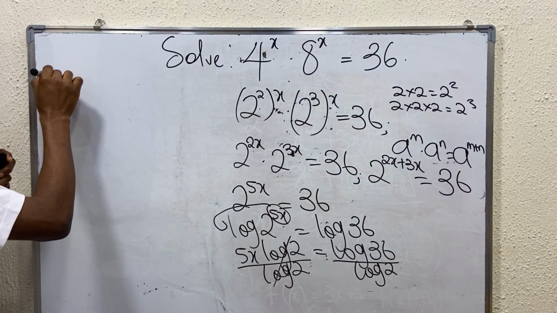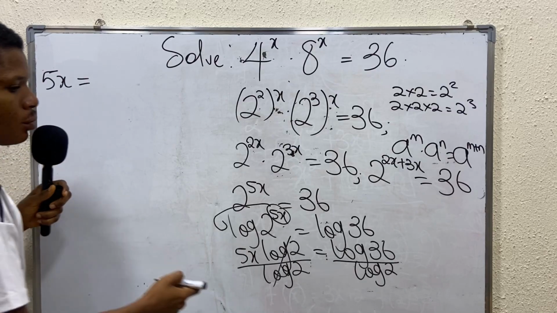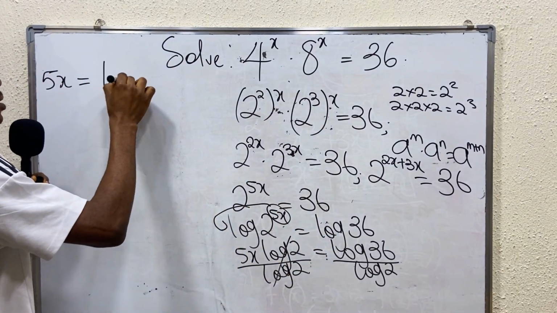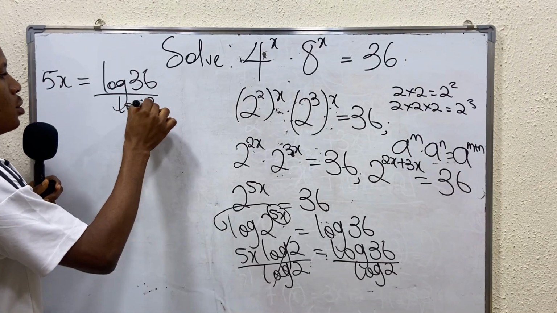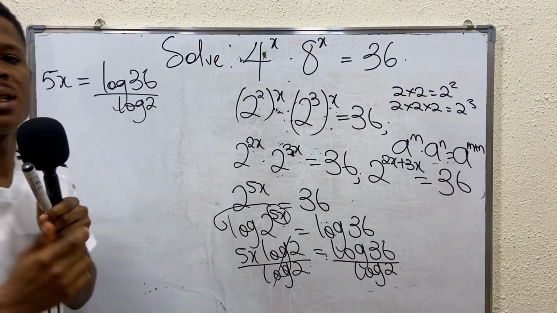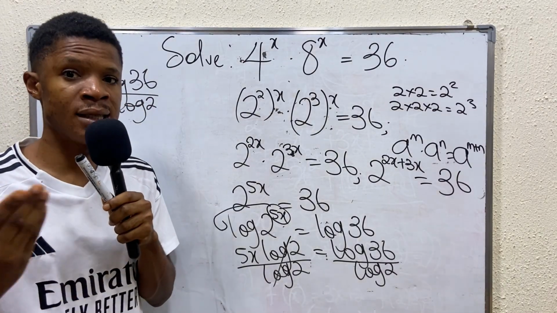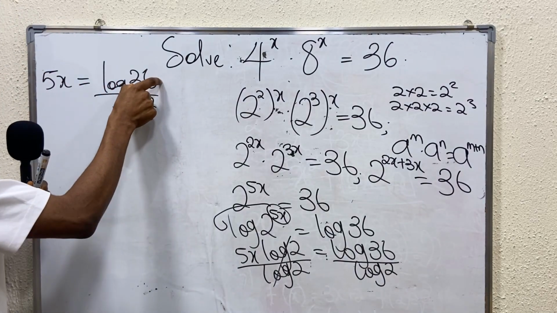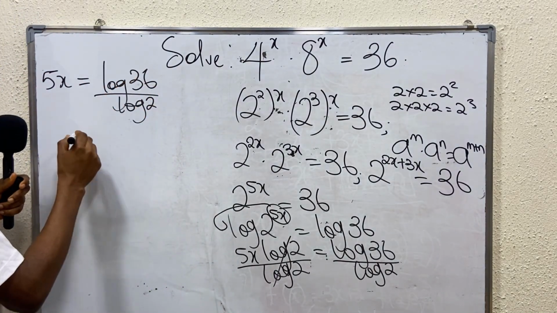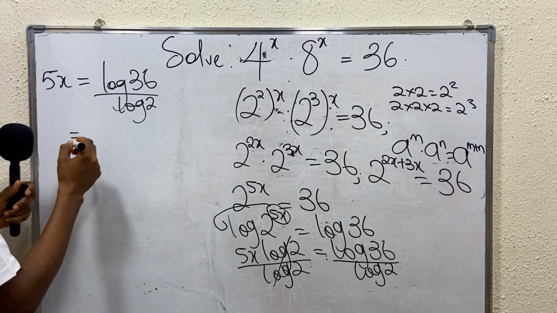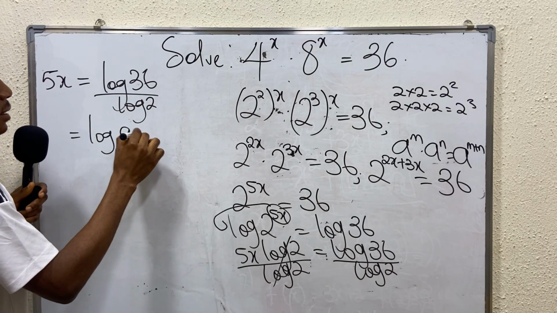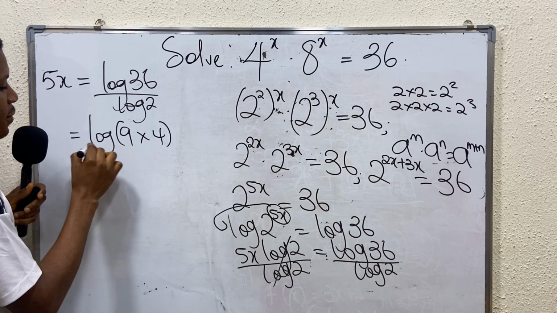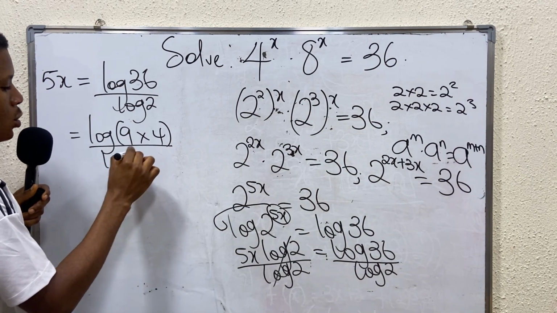We have that 5x is equal to log 36 over log 2. Remember, 36 can be written as 9 times 4. So we can simplify this very properly. So we have it as, we can say that this is clearly log 9 times 4 divided by log 2.